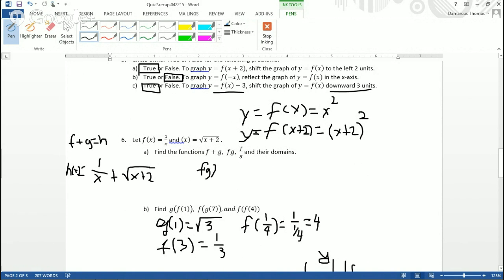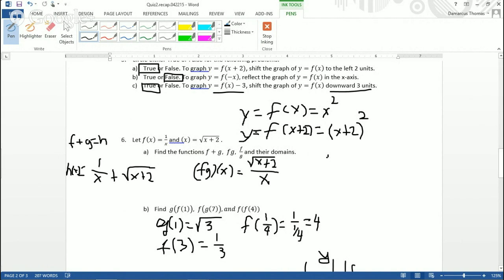This time I'll write it like this. And then finally f over g. And so I'd get f on top.